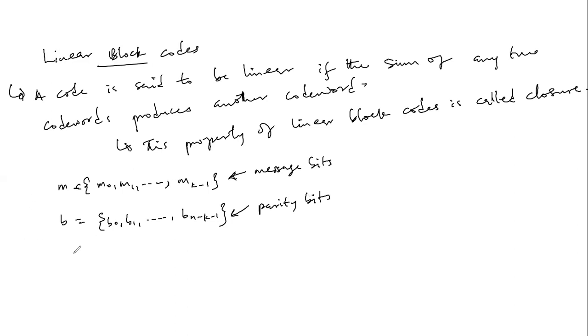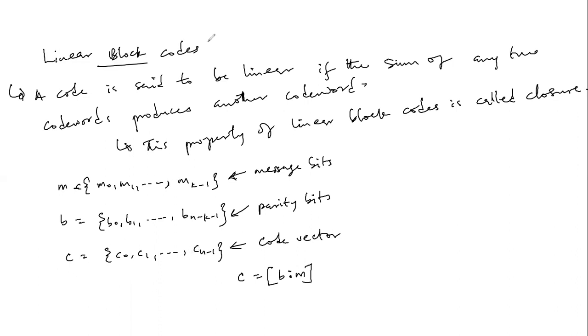Now, if the code vector C is given as C0, C1, all the way to Cn minus 1, the code vector, then we have the relationship C being the same as b, m.